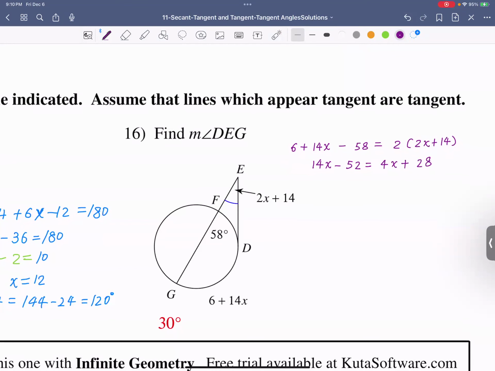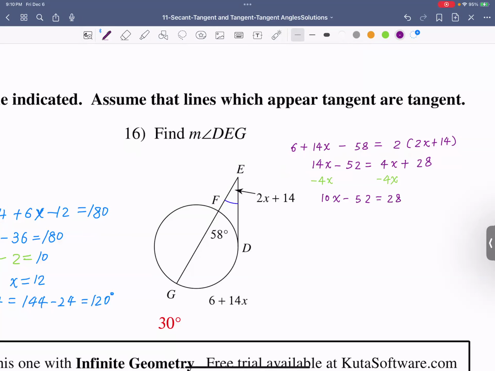Okay. And then you will minus 4x for both sides. 14x minus 4x becomes 10x. 10x minus 52 equals 28. Okay?